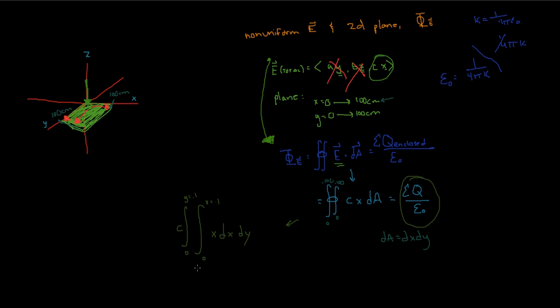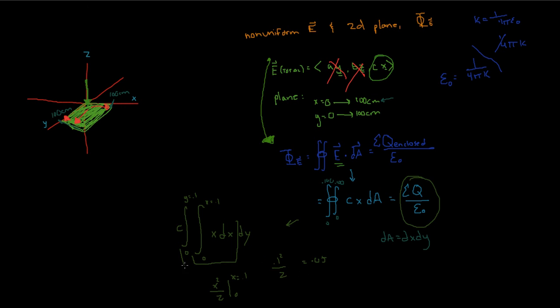So now we have two integrals to do. You do the inner first, and then the outer second. In this case, you can actually do it in either order. It doesn't matter, but do this one first. So this one is going to be x squared over 2 from 0 to x equals 0.1. And that's just going to be 0.1 squared over 2, which equals 0.05, I believe.